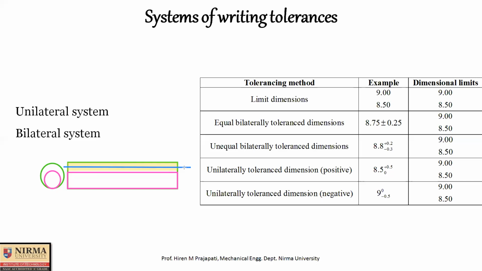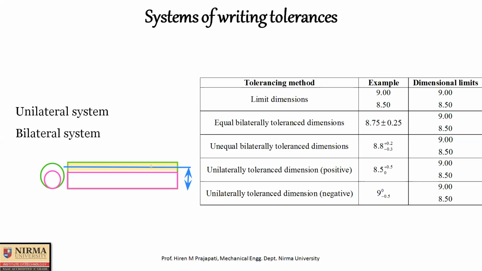As per my design drawing, I want the diameter of the shaft to be 25 mm. The 25 mm is called the basic size, so this blue line stands for the 25 mm line. This height, from the lowest line, is called the basic size.